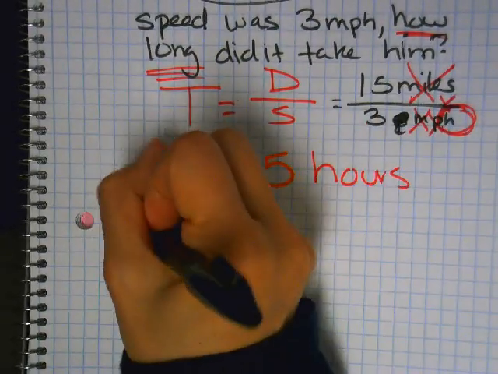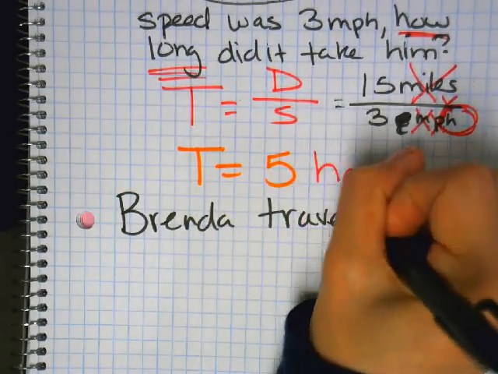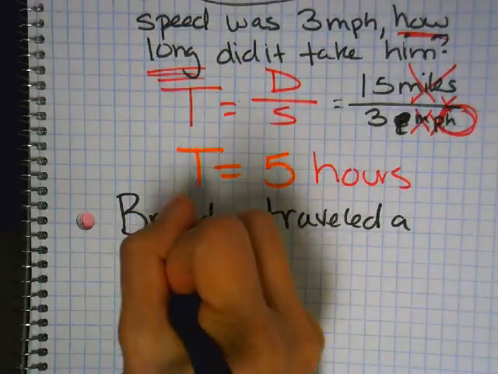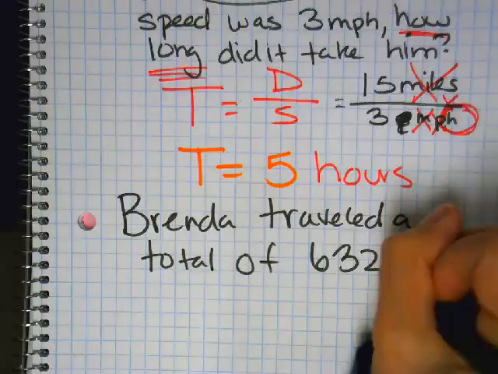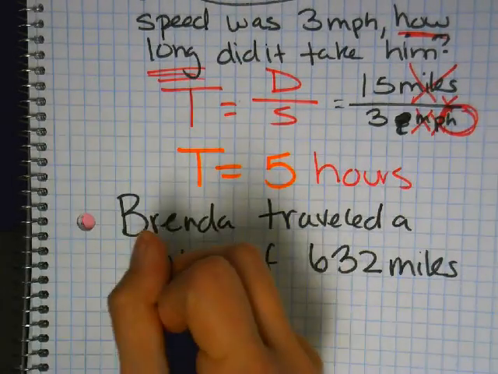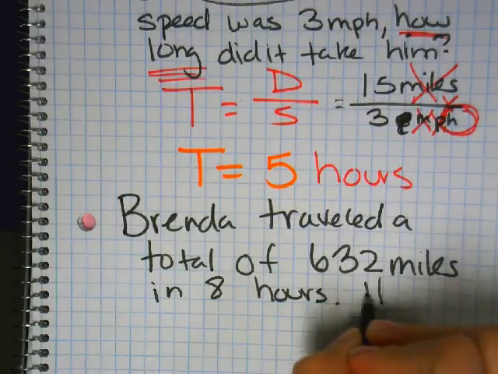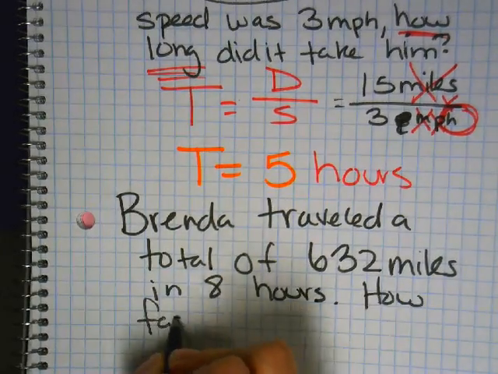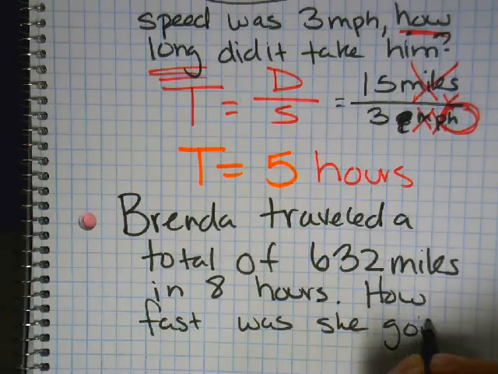Brenda traveled a total of 632 miles in 8 hours. How fast was she going?